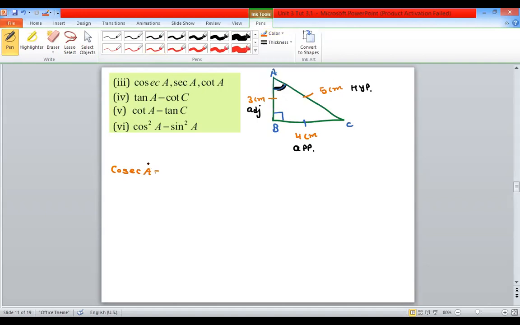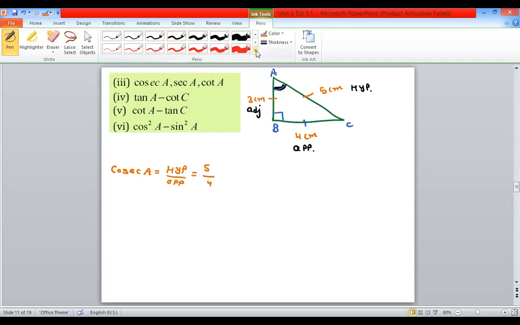Sine means opposite upon hypotenuse. But here the cosec means hypotenuse upon opposite. Hypotenuse is 5 centimeter. Opposite is 4 centimeter.